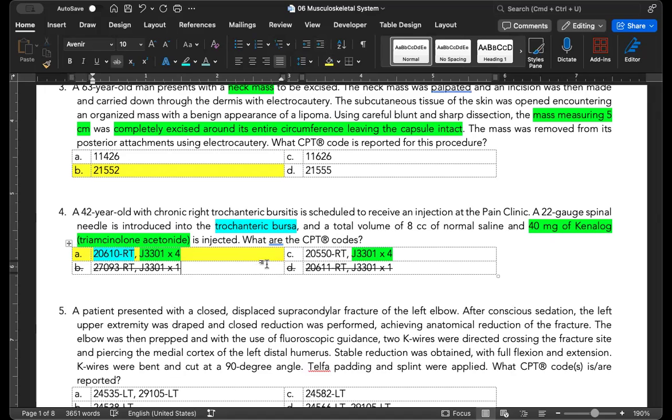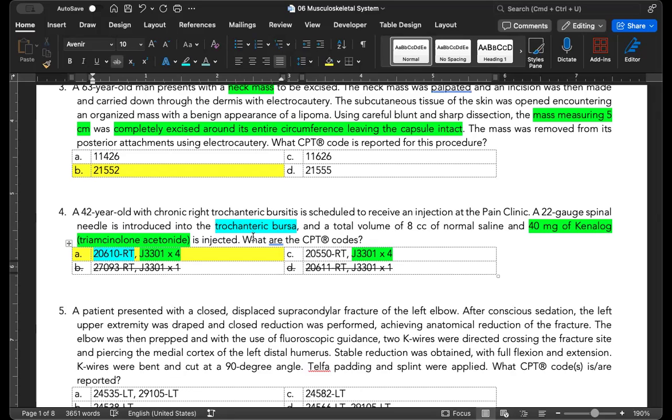Okay. So any questions on number 4 as far as the injection and or the medication that's injected? I have a question. It's about the shoulder. Besides knowing that the trochanteric is the shoulder, say we blank on the test. What would you suggest? How do we find out that's the shoulder?